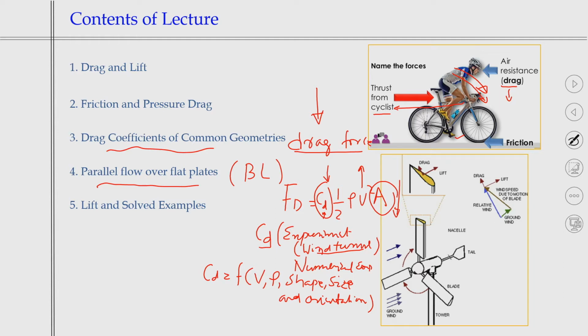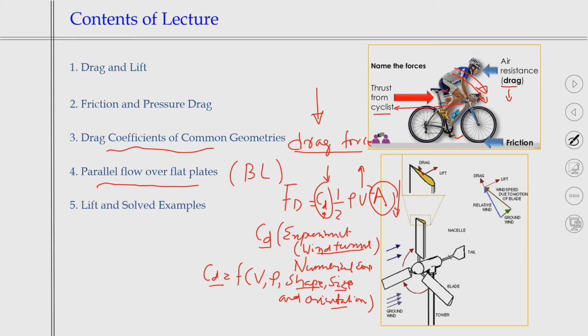He can practice so well that he reduces the frontal area. He wears close-fitting clothes and leans in such a way that the frontal area reduces, and the shape, size and orientation determine how CD varies.